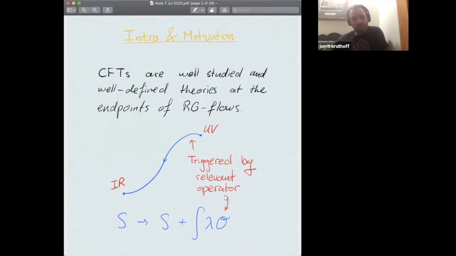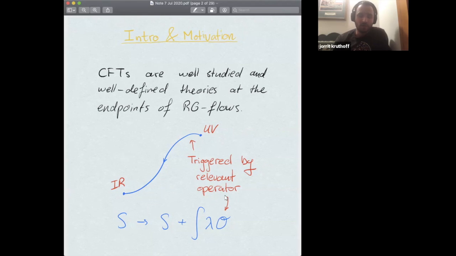The starting point of many of these discussions of the TTbar deformation is the CFT. Conformal field theories are well-studied and well-defined theories at the endpoints of RG flows. Everywhere between such UV and IR fixed points, which I denoted here with these blue dots, you can find a QFT, and at the endpoints there is a UV fixed point and an IR fixed point, governed by a CFT.